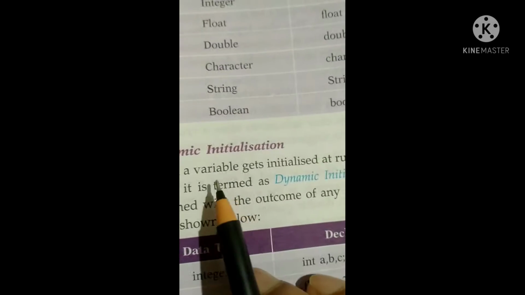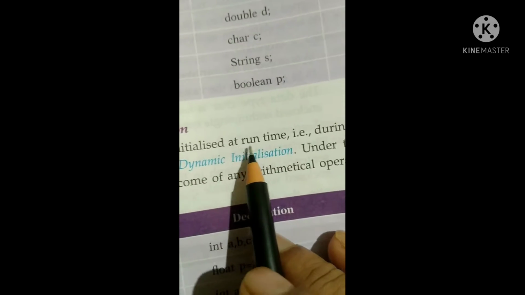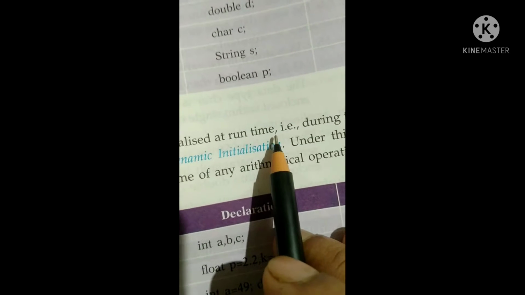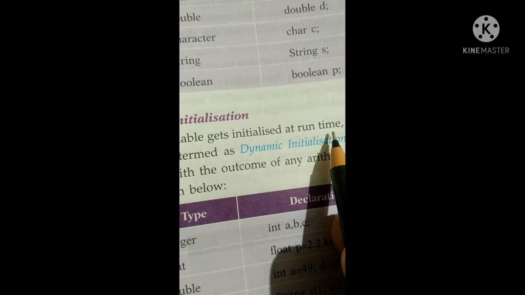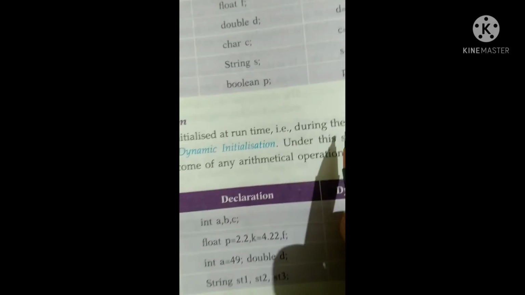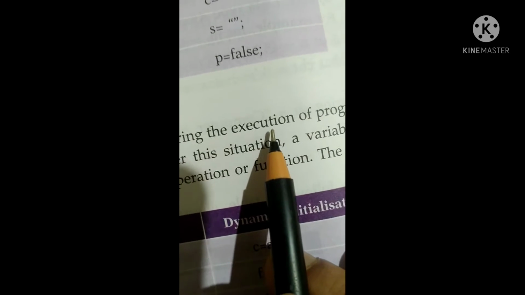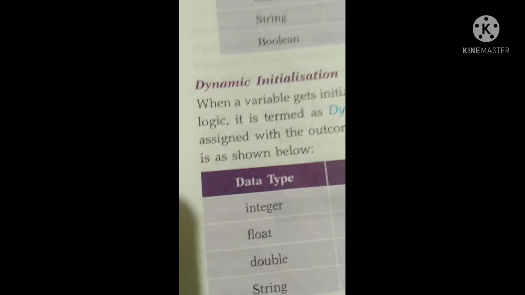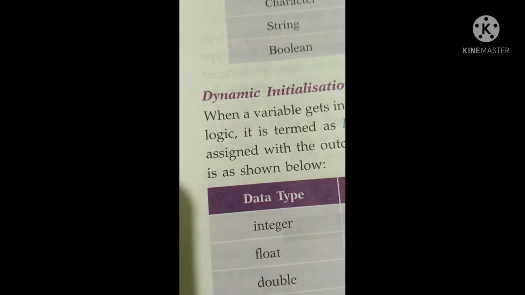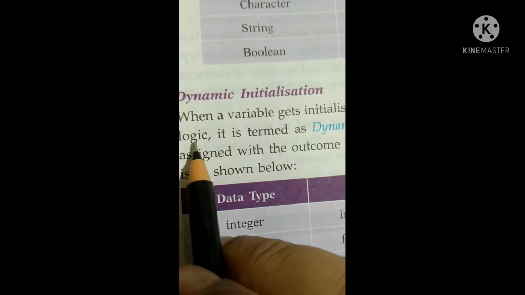When a variable gets initialized at runtime, that is, when our program runs, that time the value gets initialized. During the execution of the program, when we get the display of the program, that value comes. Logically, it is termed dynamic initialization.